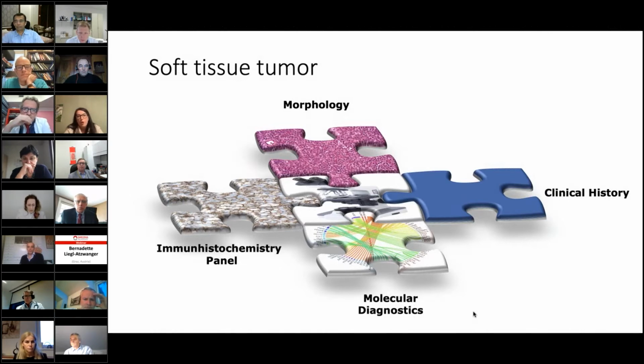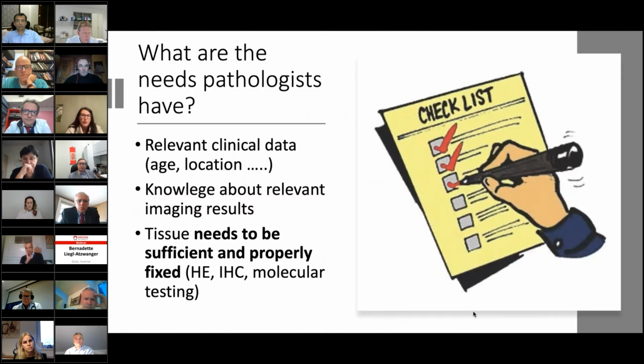And to do so, I need clinical information. I really rely on morphology. I like to include immunohistochemical panels according also to the clinical information I have. And then I like to confirm my diagnosis or to separate differential diagnoses by molecular diagnostics.